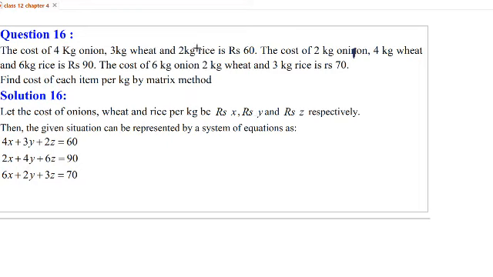And similarly, if 1 kg of rice costs rupees Z, then 2 kg will cost 2z. And the sum of all these costs is equal to 60. Similarly, from here I'll get 2x plus 4y plus 6z is equal to 90, and 6x plus 2y plus 3z is equal to 70.